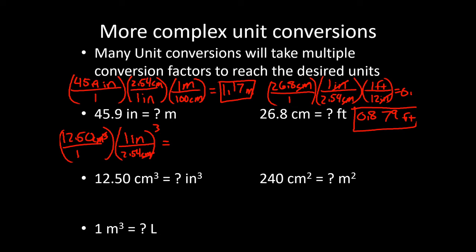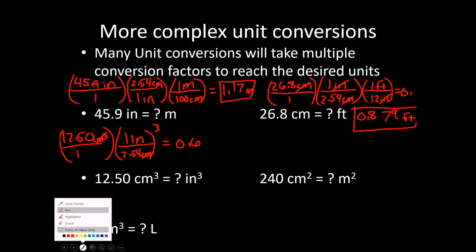So if we go ahead and do that math, 12.5 divided by 2.54 cubed, we get 0.76, and let's see, I get 4 sig figs there.